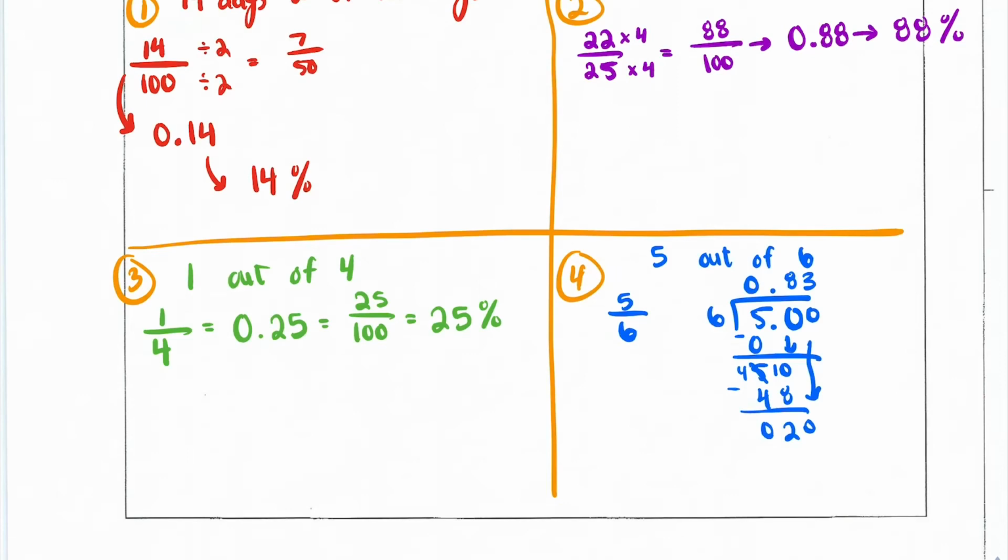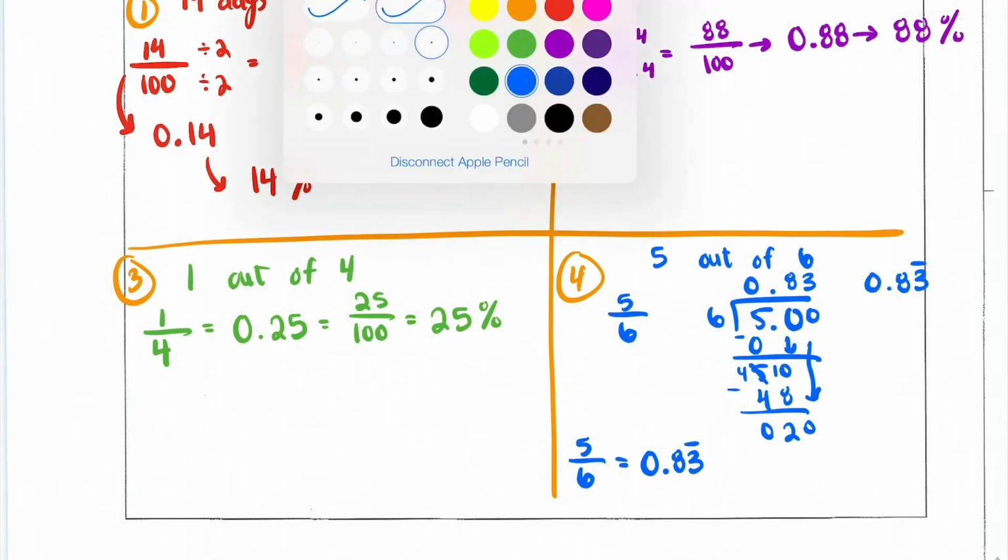Yes, we did, and we said that this was 0.83, and the 3 repeats over and over and over again, right? So I'm going to rewrite my answers here. So 5/6 is the same as 0.83 repeating. Now remember what I said about percentages.